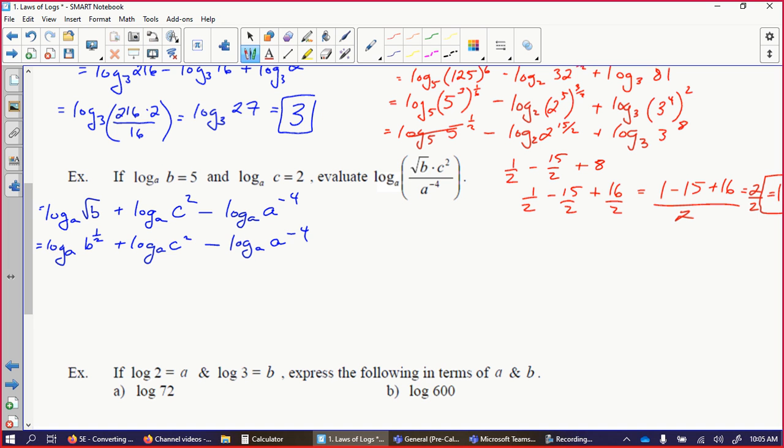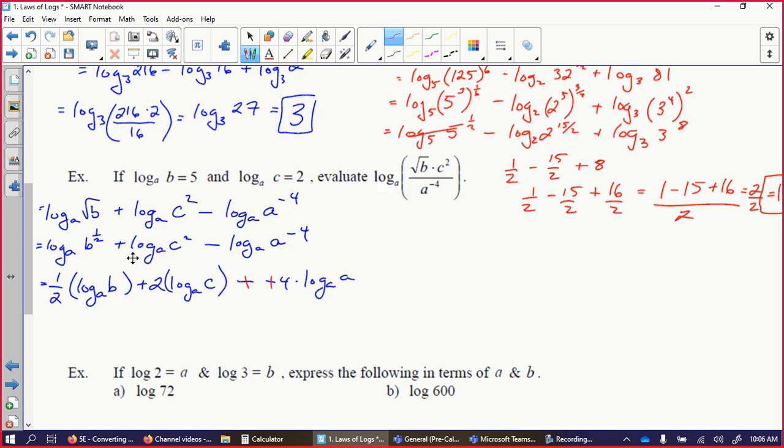I can bring that down in front. 1/2 times log base A of B plus, bring the 2 down, log base A of C, minus negative 4 log base A of A. Well, those are going to turn into pluses because subtracting a negative.